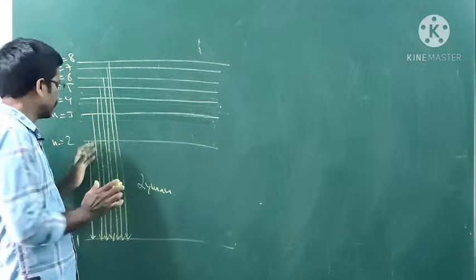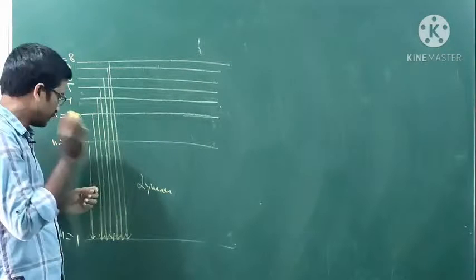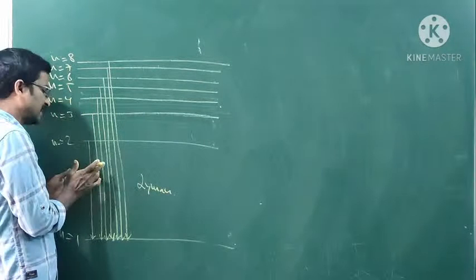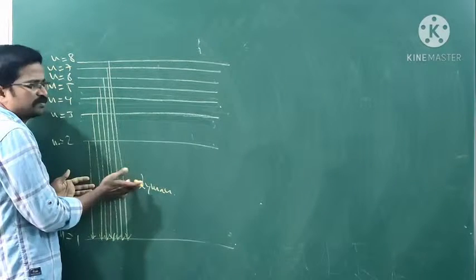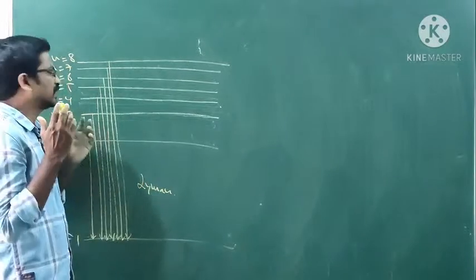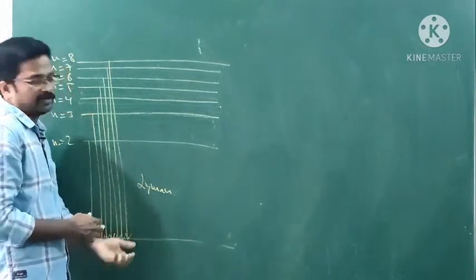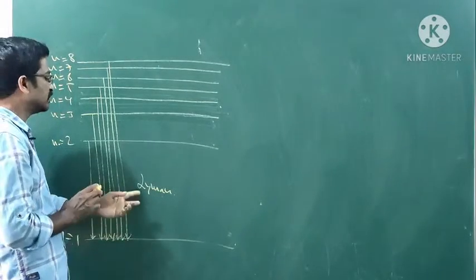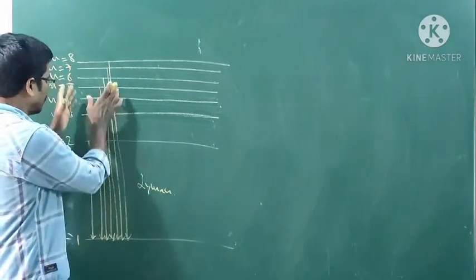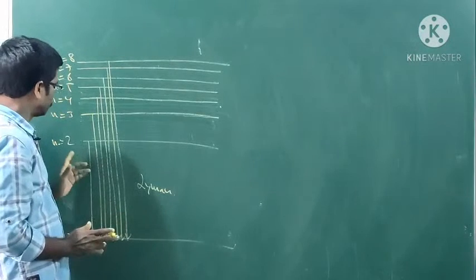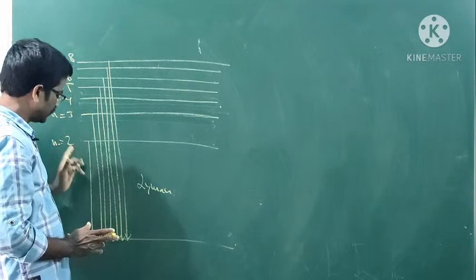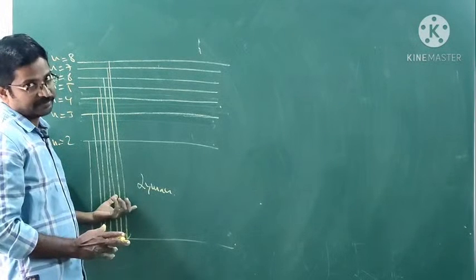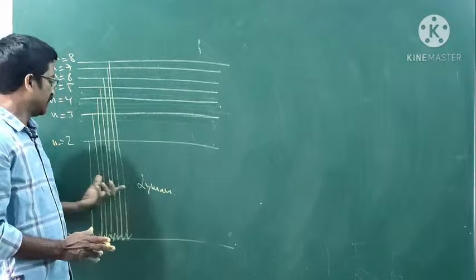One atom cannot give all the lines. One particular atom can give one of these lines, another atom another line, and so on. By passing UV light, you can get these lines. This is studied by Lyman. This is known as the Lyman lines.